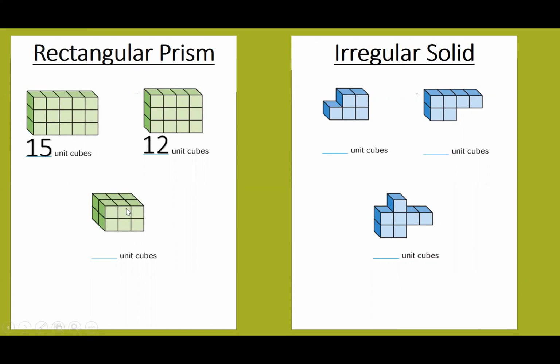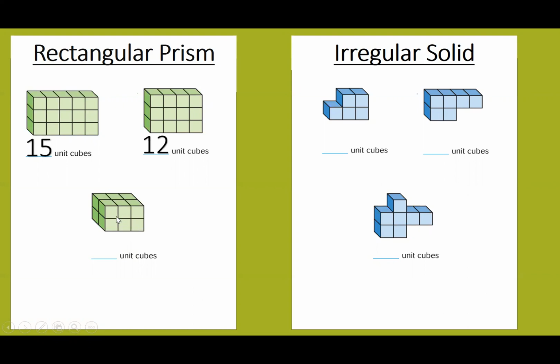Now this one is going to be a little bit different because now we're talking about 2 deep. Now we have to do the length times the width. Here's my width, and then the height. So my length is 3, and my width is 2. So 3 times 2 is 6, and what's 6 times 2? 12.